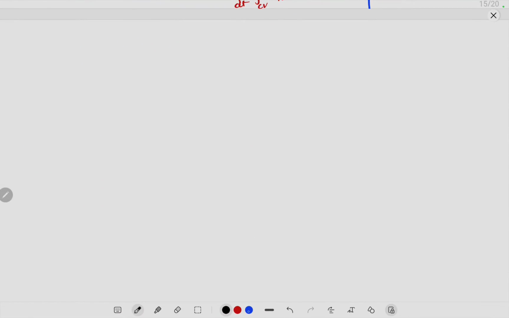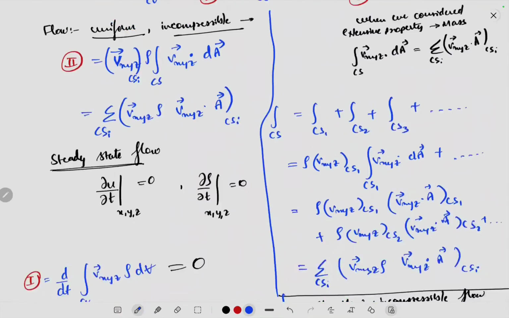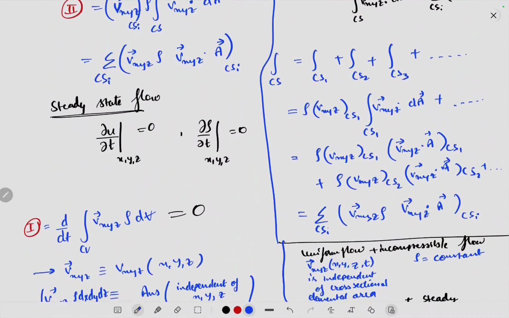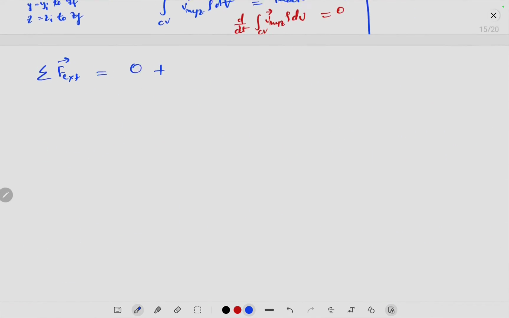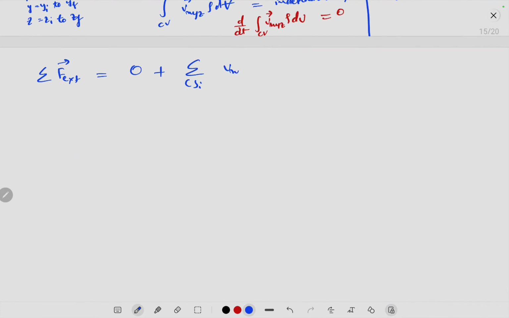Okay. So let me just again write this term after knowing 1 and 2. So this would become summation F external equals, so the first term was 0 and the second term was summation over CSi of Vxyz rho Vxyz vector dot A vector, and this is all for that particular control surface CSi.